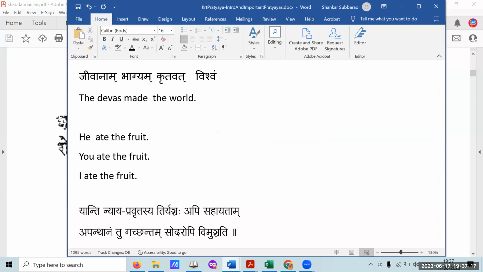Sah phalam khaditavan. Aham phalam khaditavan. Tvam phalam khaditavan. Try doing it with lakara now. As a student, Aham phalam akhadam. Tvam phalam akhadah. Sah phalam akhadat.